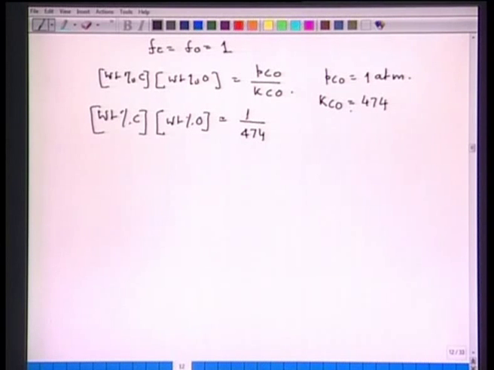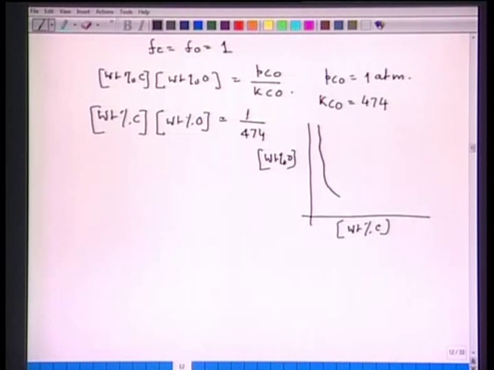Now, this value of 474 is at 1873 Kelvin. What we can do is plot. So, if we plot, for example, weight percent O upon weight percent carbon, then we get this sort of relationship.